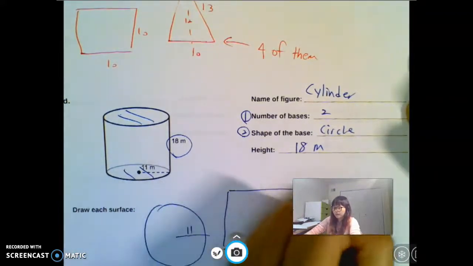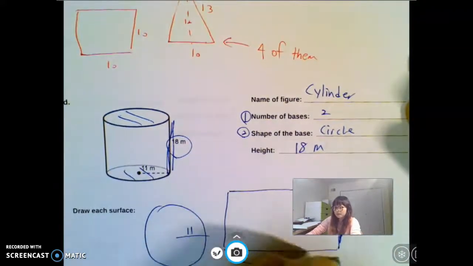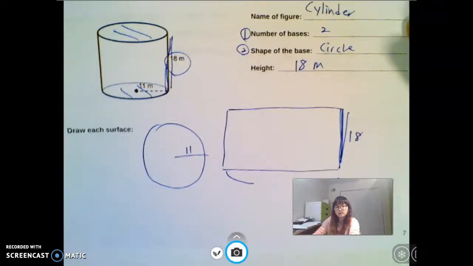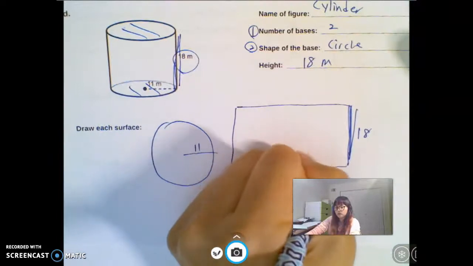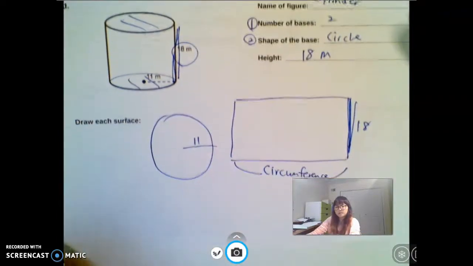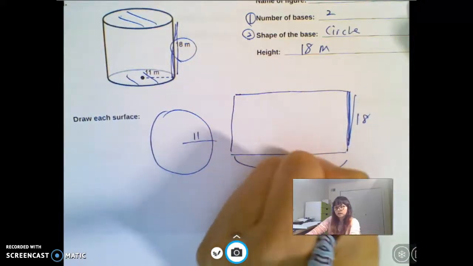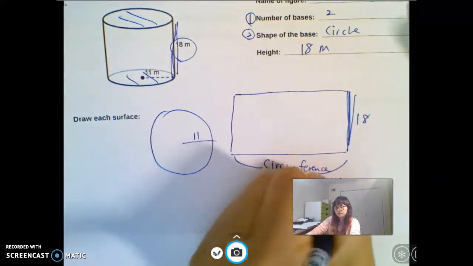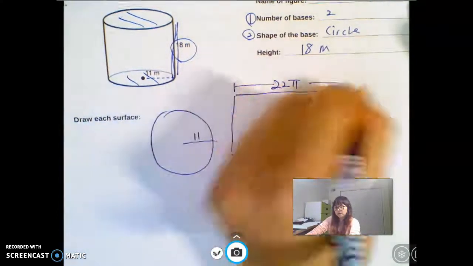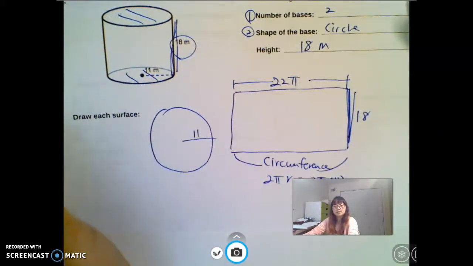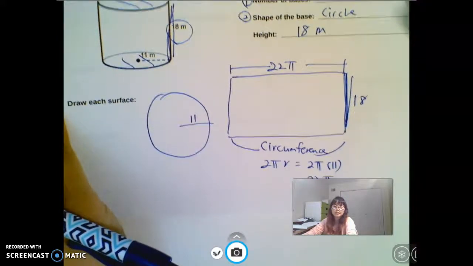So it's going to be 18 for the height, but the width would be equal to the circumference of a circle, which is 2 pi r, 2 times pi times 11, so it'd be 22 pi. So the dimensions for the side, called the lateral face, would be 22 pi times 18.